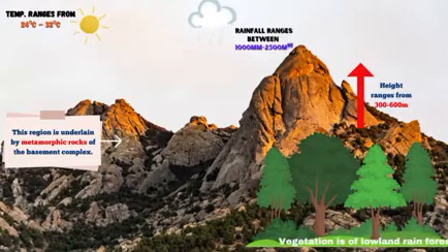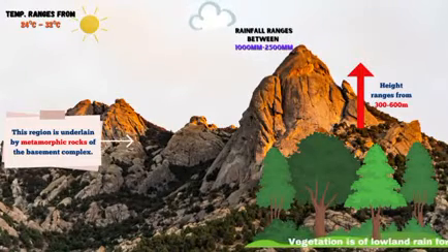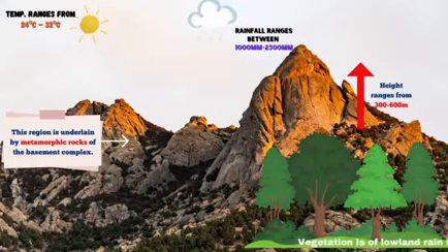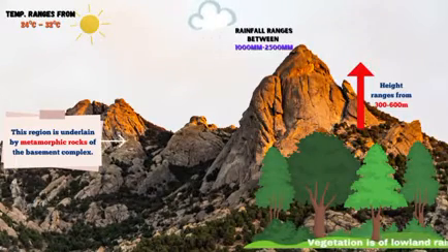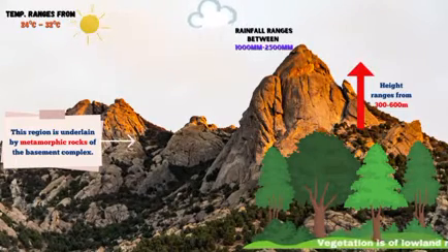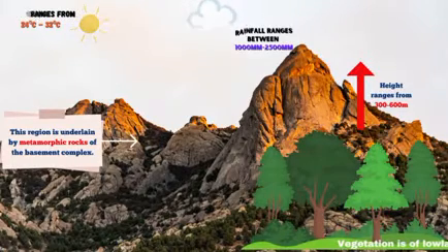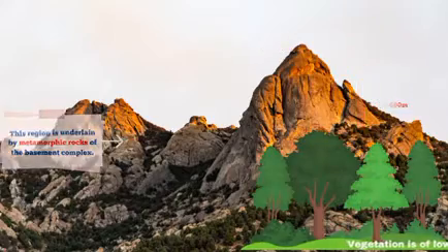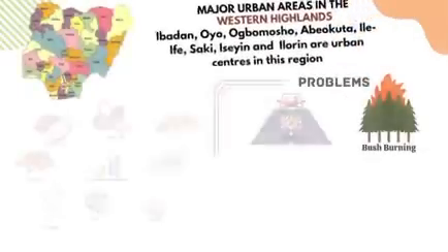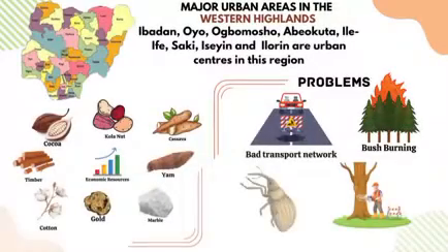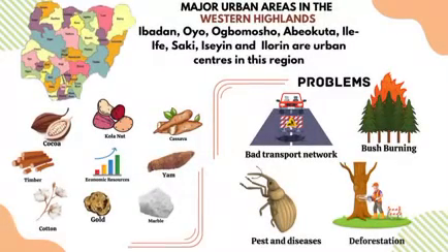And here we have a natural vegetation of lowland rainforest due to the mid-level of rainfall in this region. It is majorly occupied by the Yoruba people, and it is an urbanized region of Nigeria which comprises places like Ibadan, Oyo, Ogbomoso, Ile-Ife, Saki, Iseyin, Ilorin.